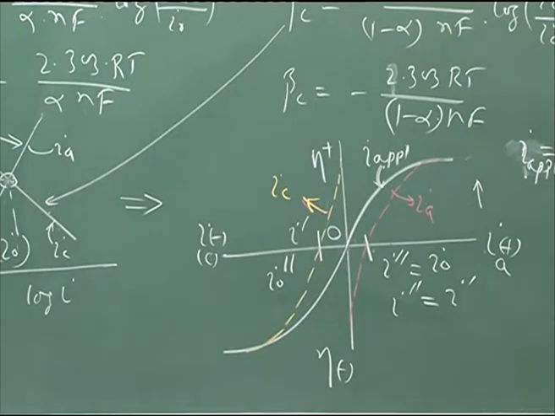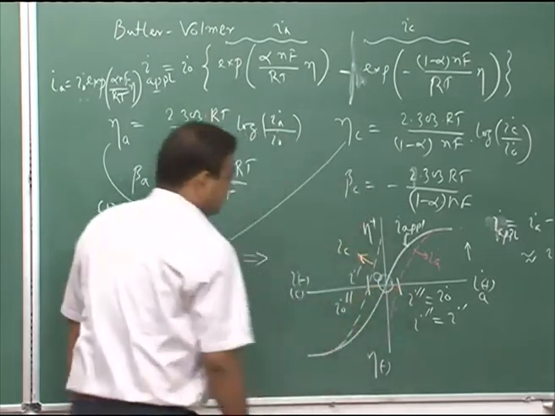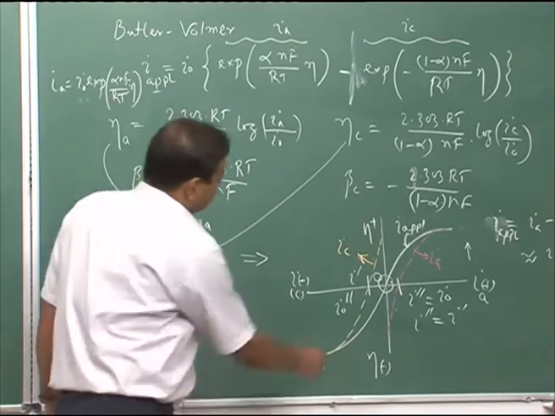So, over voltage as well as current density both are fulfilled. If we consider this particular part at a very small over voltage, this part is linear.